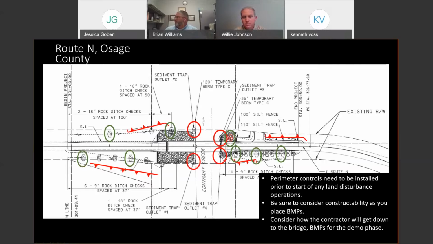And so for considerations of what they really need during that initial bridge construction phase, adding a plan that would lay that out for them would be a lot more beneficial than leaving it up to them to decide what to do.